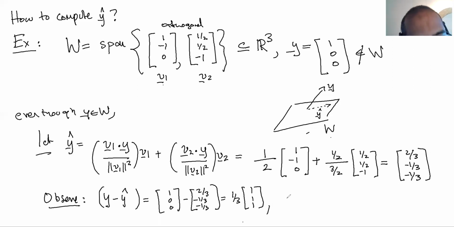And if you check this, this actually is in W perp. Because just compute the dot product: adding up the entries of (1, 1, 1), and the sums of the entries of u1 and u2 are 0.